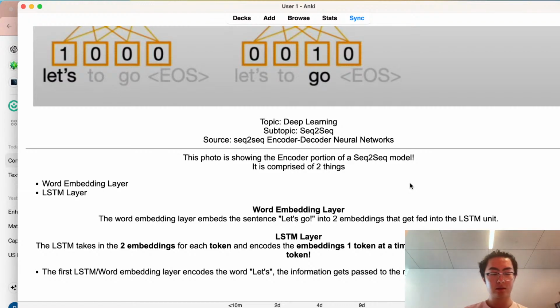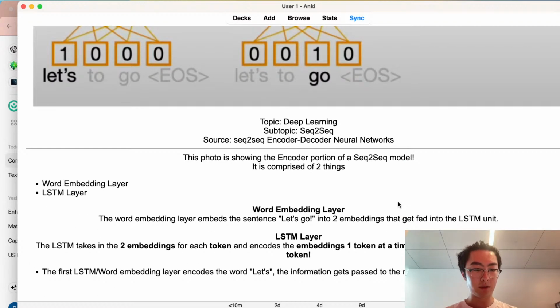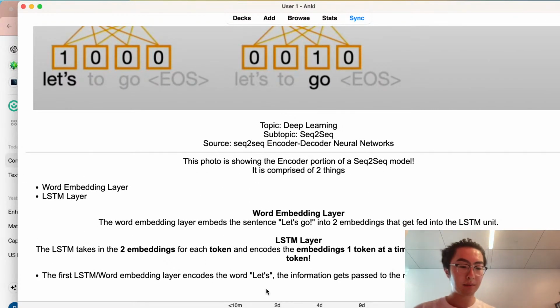Oh, so it takes in two embeddings for each token, then encodes the embedding one token at a time.